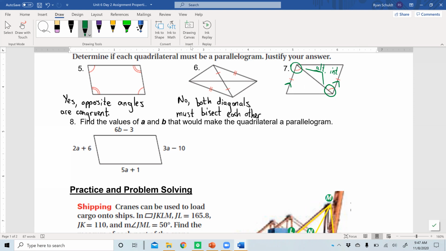So now, can this be a parallelogram? Yes.